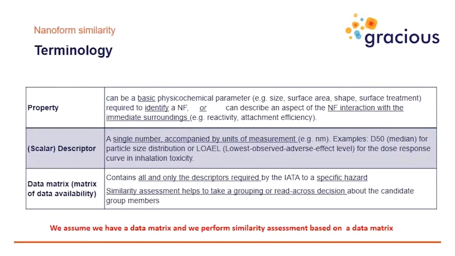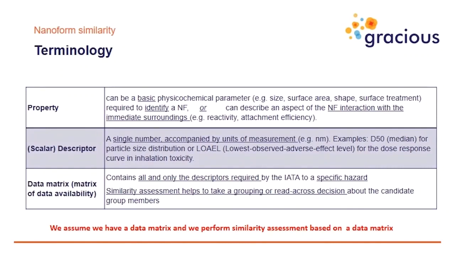First, let's have some definitions adopted by the Gracious Similarity Task Force. A property can be a basic physical parameter, for example, size, surface area, shape, surface treatment, required to identify a nanoform. Or it could be a property to describe an aspect of nanoform interaction with the immediate surroundings, for example, reactivity or attachment efficiency.